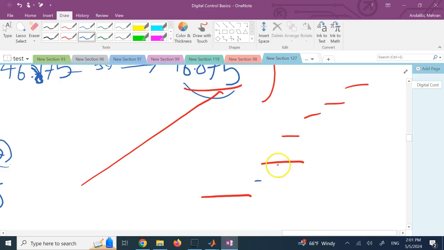Okay, and your quantized level is either this one or this one. Okay, so your y of t is either this or that, and your x of t is somewhere in between. So this difference here could be basically at max Q over 2.